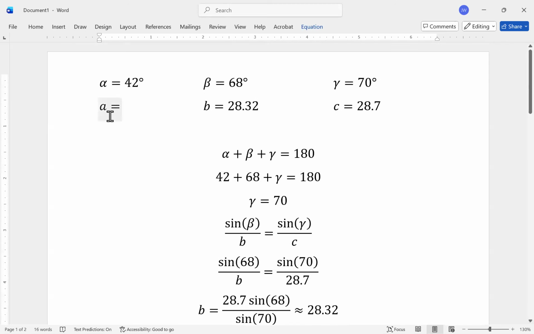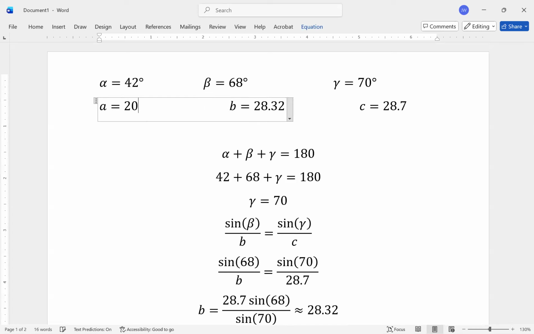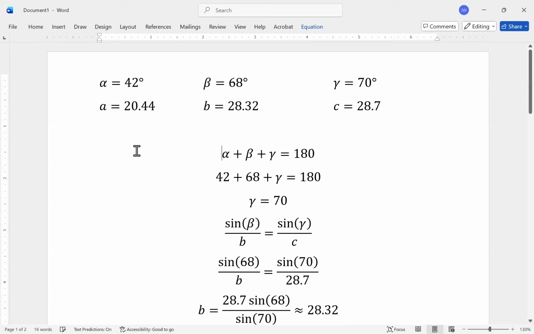So we get an a value of 20.44. And then we're done. We've solved the triangle. We have all three angles and all three side lengths.